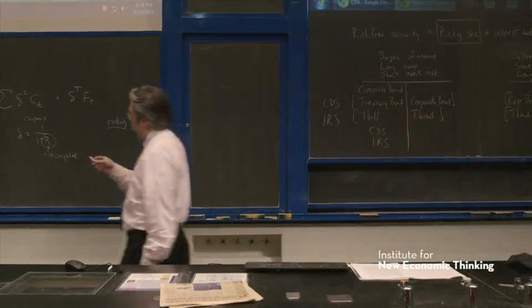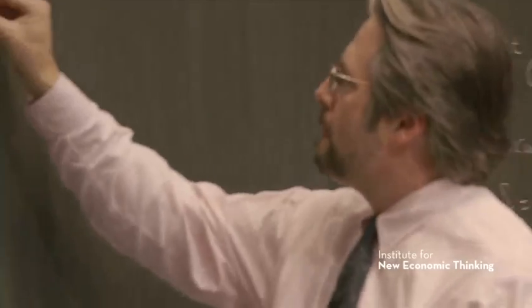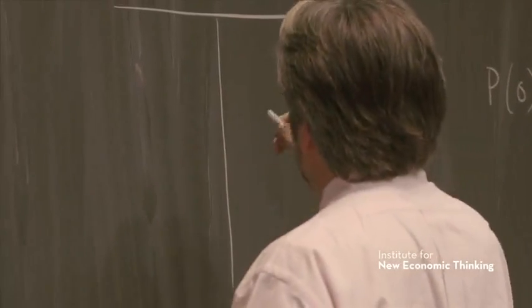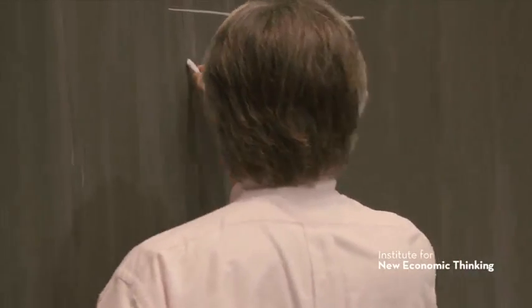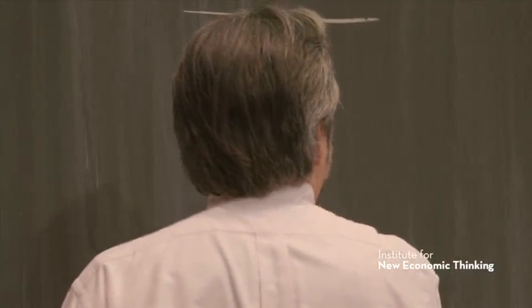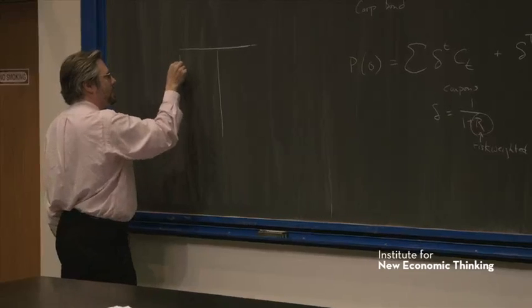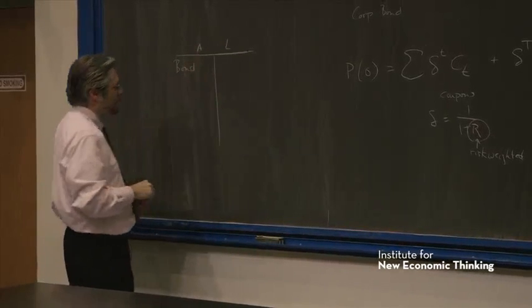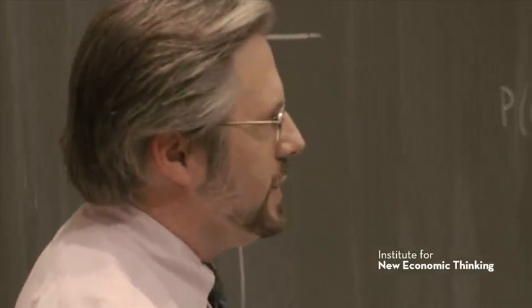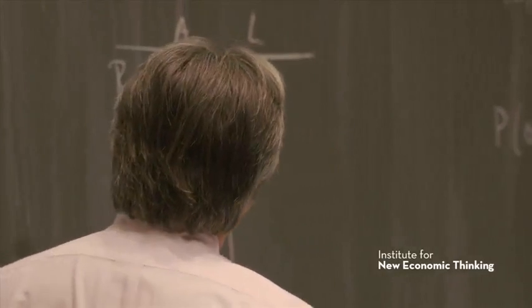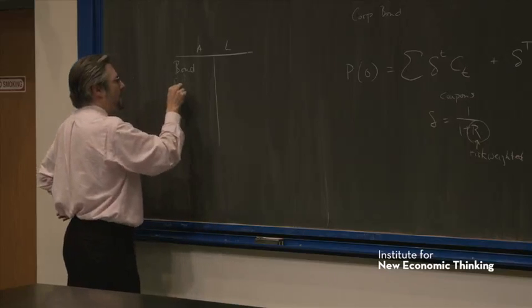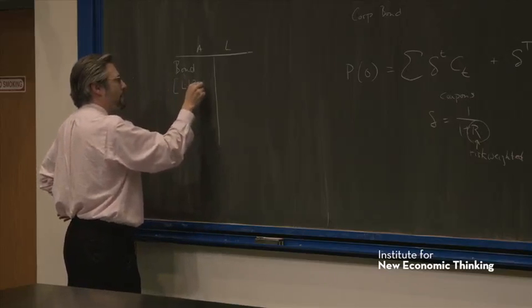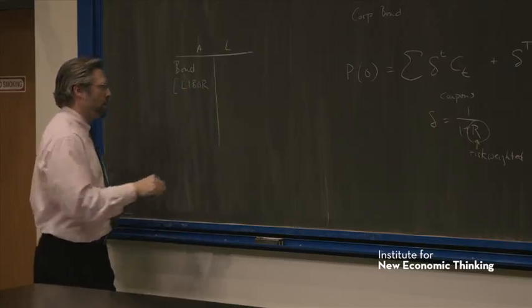So we're going to think about this bond. We have the bond here. And now we're going to do an interest rate swap in which we swap LIBOR for fixed.